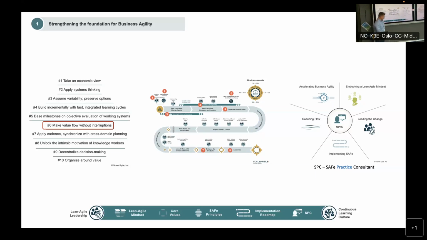And they've created these responsibility wheels for a lot of the roles, which is part of making it clearer. So there's one for the SPC as well. An SPC's role is coaching flow, helping lead the change, helping implement SAFe, accelerating business agility, and embodying the lean agile mindset. That's the responsibility of the SAFe Practice Consultant.